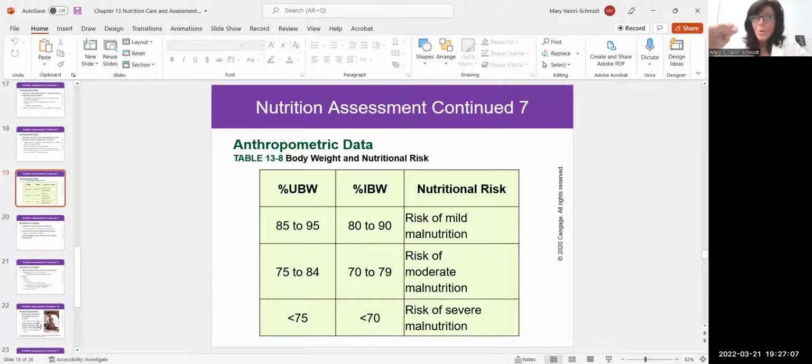Generally speaking, when you're at the 70th or 75th percentile, in other words, if you've lost 75% of your recommended body weight, or you've gained 75% of your recommended body weight, you have a problem. That's very severe, right? That makes sense, doesn't it?